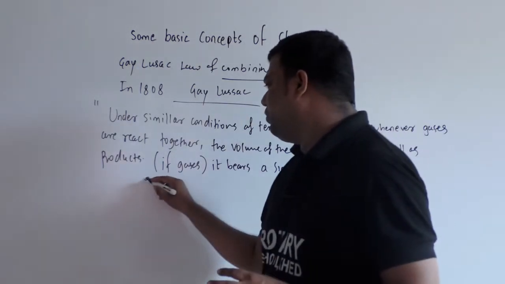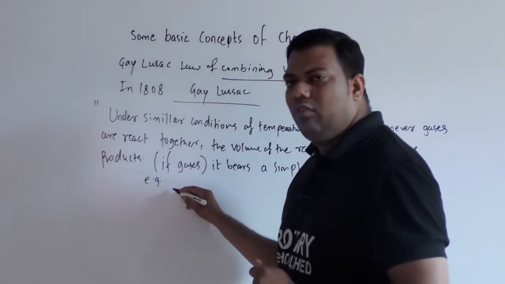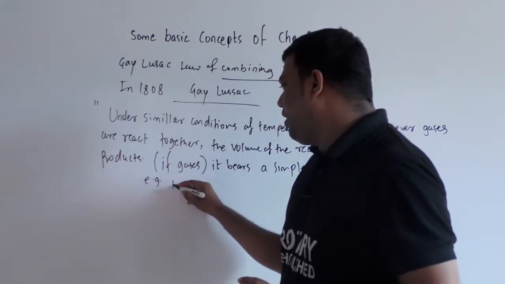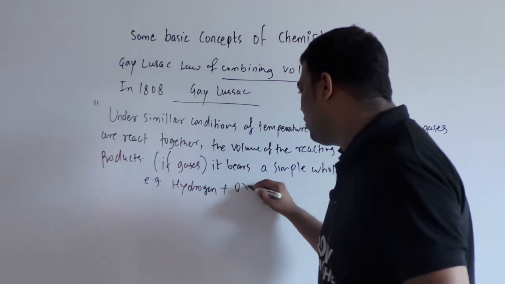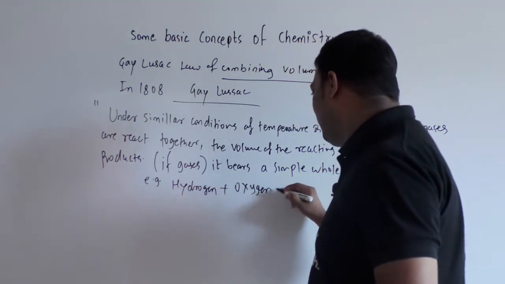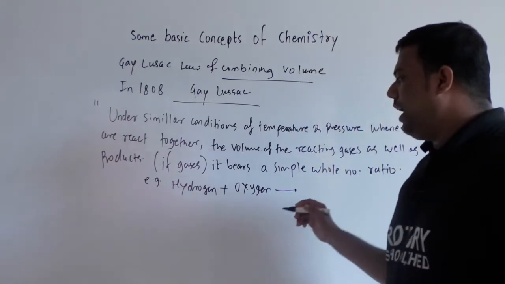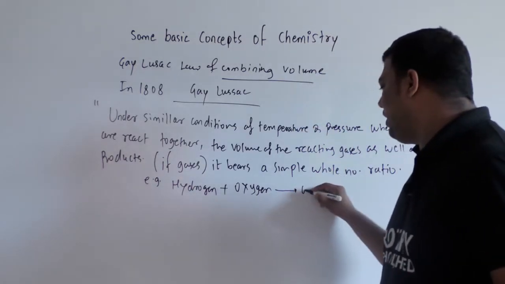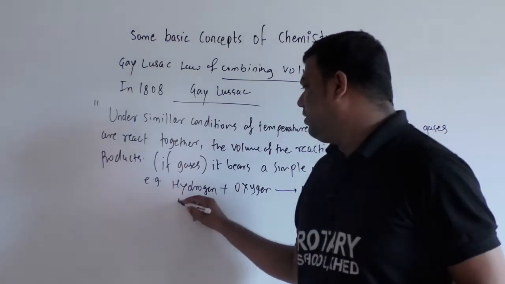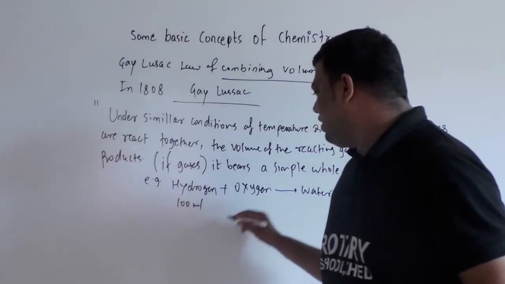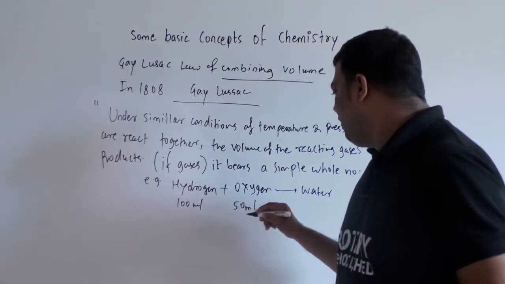Suppose we take the example of hydrogen plus oxygen. As you know, what do hydrogen and oxygen give together? Water. Suppose their volumes here are 100 ml of hydrogen and oxygen has 50 ml.